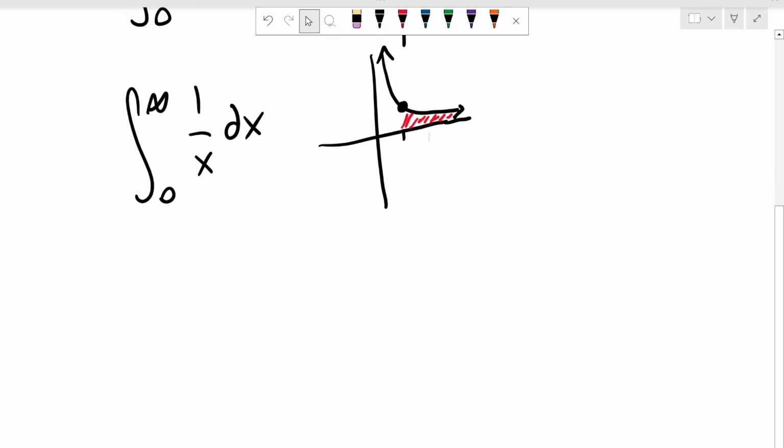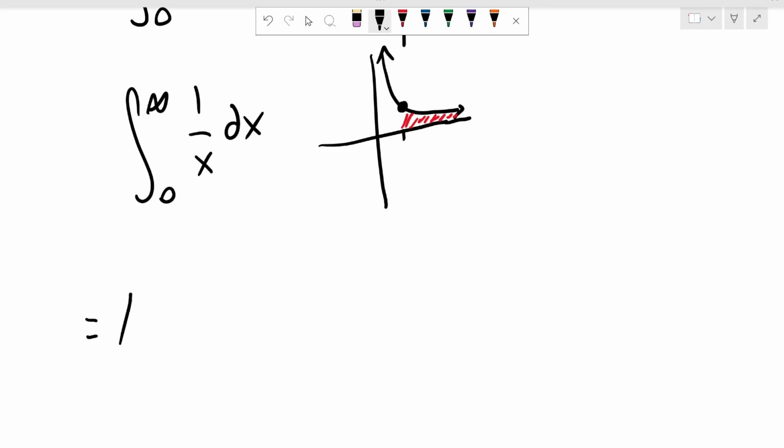So what we can do when we get to the point of evaluating this infinite bound is, we can't just plug in infinity, but we could plug in some number, like a dummy variable, and then look at the limit as that variable goes to infinity.